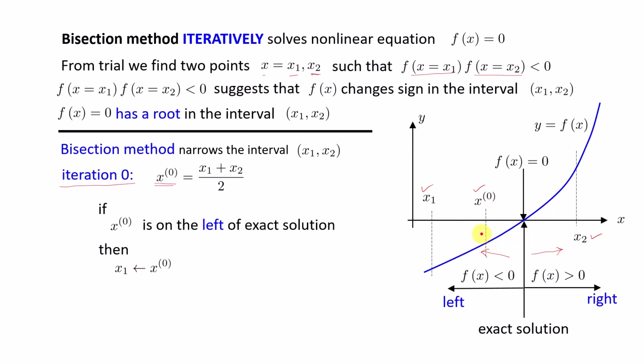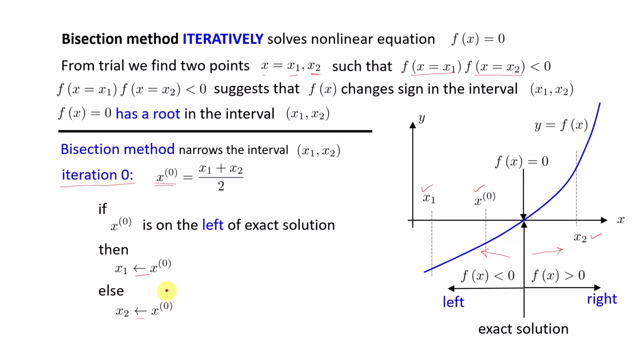However, if x0 falls on the right side, then I know that my root will be between x0 and x1. In that case, I take this x0 as my new x2. Here the right arrow means assigning the value of x0 to x1, or assigning the value of x0 to x2.